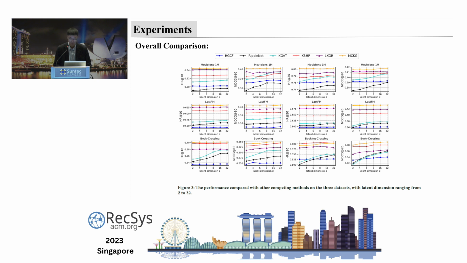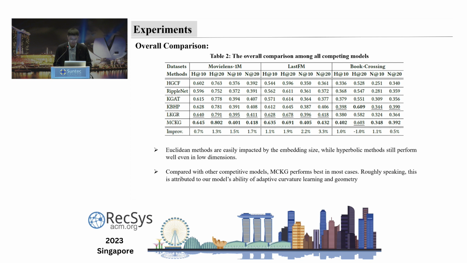This picture shows the performance compared with other computing methods on the 3 datasets with latent dimension ranging from 2 to 32. And we summarize the overall comparison among all models in this table. We have the following conclusions.